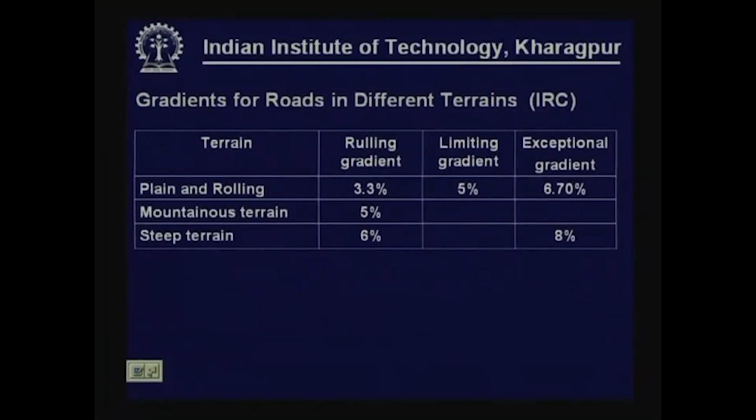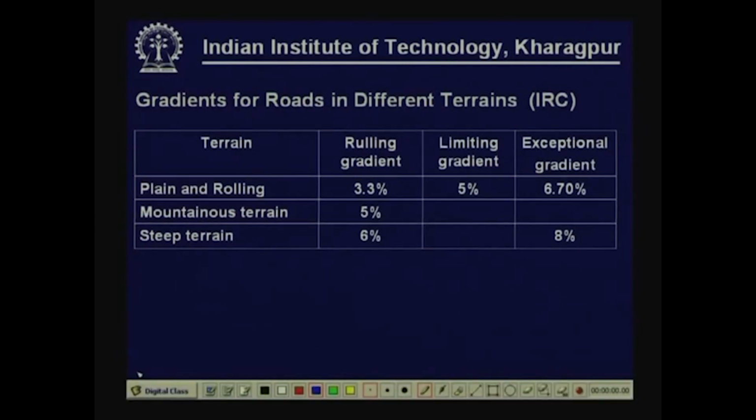Now, it depends on terrain condition, and there are three types of gradient: ruling gradient, limiting gradient, exceptional gradient. This table shows the values for plain terrain, mountainous terrain, and steep terrain. Obviously, from ruling to limiting to exceptional, values will gradually become higher.